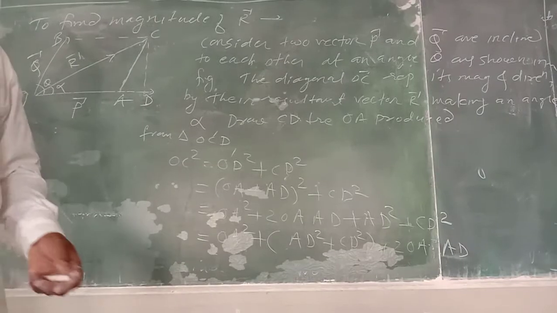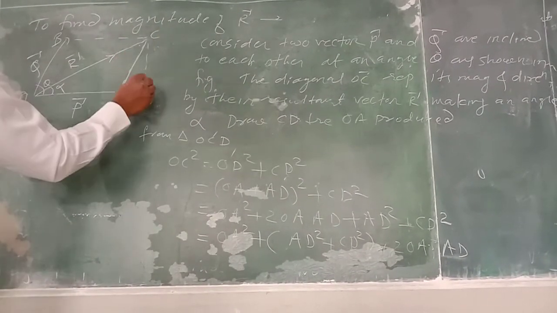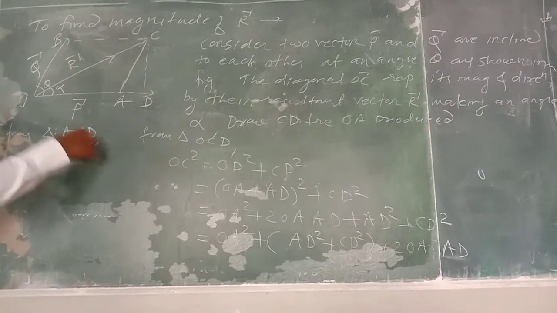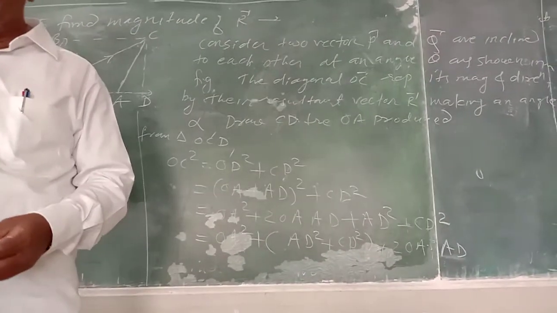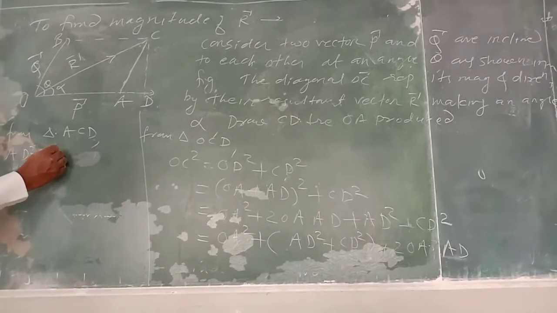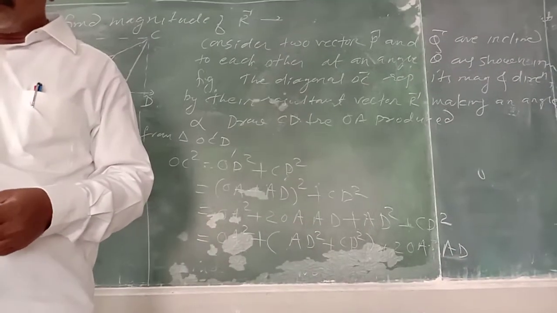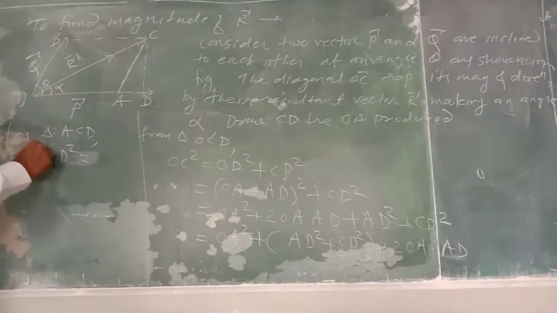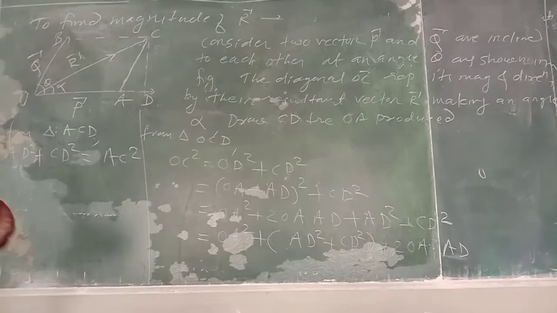From triangle ACD, I mean this small triangle ACD, AD square plus CD square equal to AC square, isn't it?